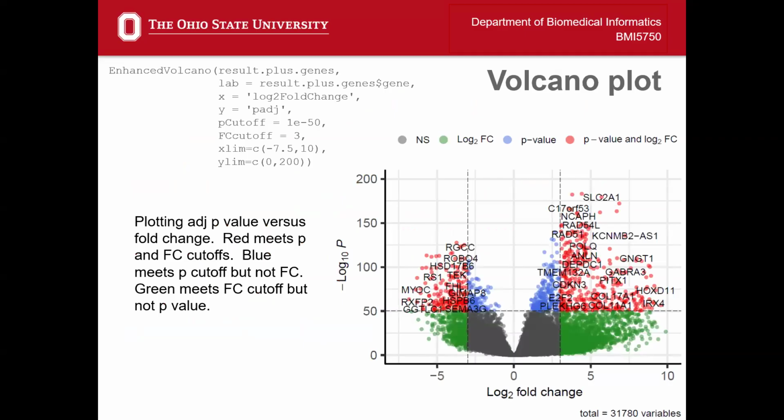So after we get our differential expression analysis, we have some ways to visualize it. The first way we talk about is with a volcano plot. This is a way of visualizing the relationship between fold change on our x-axis and p-value on our y-axis. The p-value is negative log 10 of that p-value.